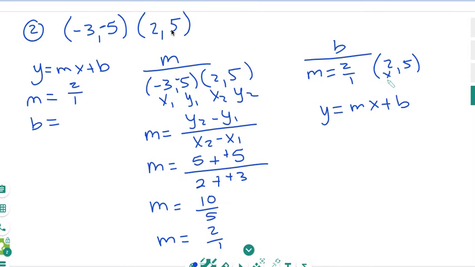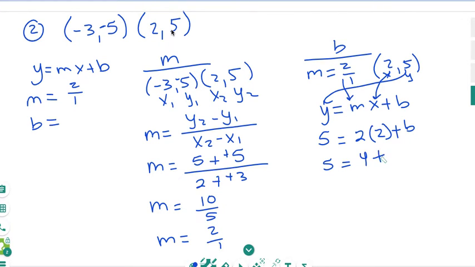This is my x, this is my y. My 5 is going to go in for my y, my 2 is going to go in for my x, and my slope of 2 over 1 is going in for my slope. 5 is equal to 2 times 2 plus b. 5 is equal to 4 plus b.